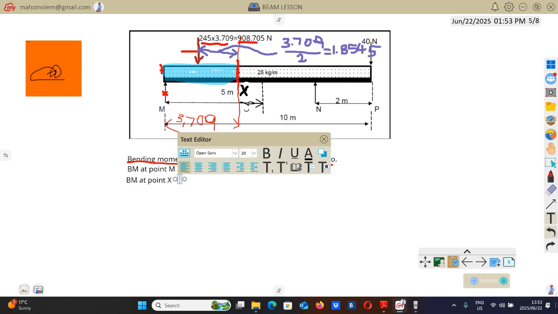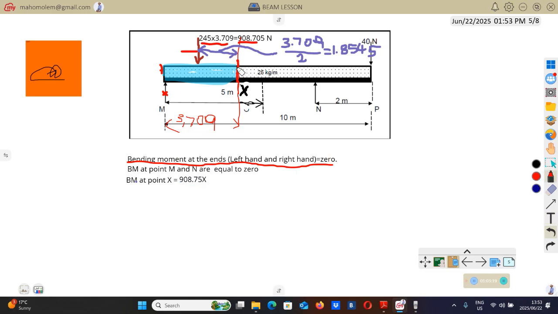It's 908.75, multiplied by the distance from this red line. Remember we're taking moments on this line. So the distance from here to there is 3.709.